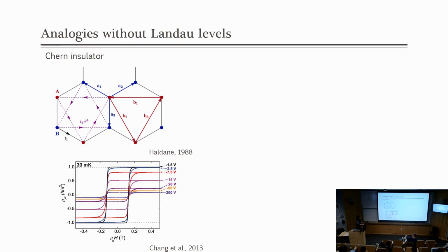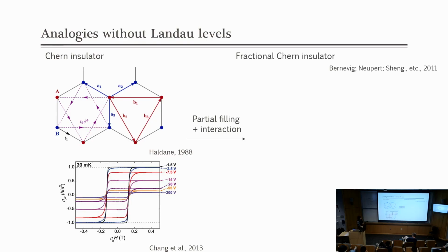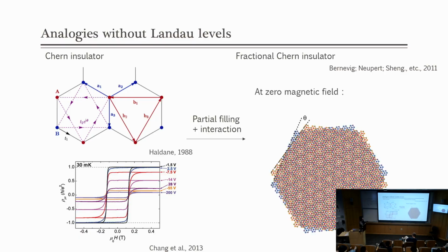And this was experimentally verified, that you have this Chern insulator. And if a Chern insulator has partial filling and a lot of interactions, then one can imagine that you might have a fractional Chern insulator. Despite the theory coming out in 2011, people have been trying to find the material system to realize it.